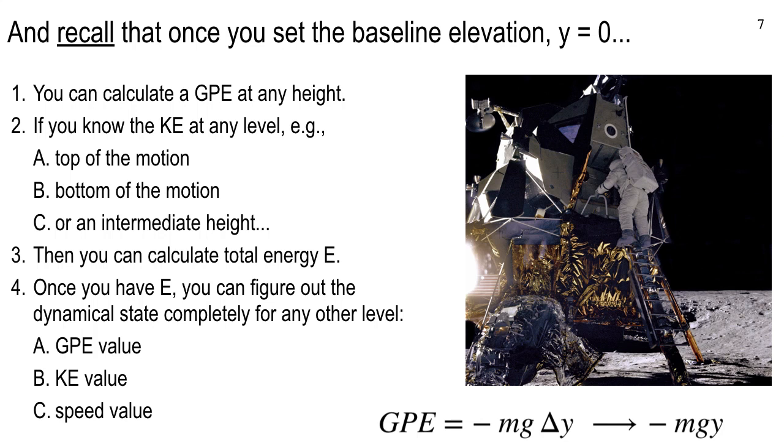And when you've got your energy set up like that, then the sum of the two is going to be a constant at any point in the motion. So you have ditto marks in that column all the way through.